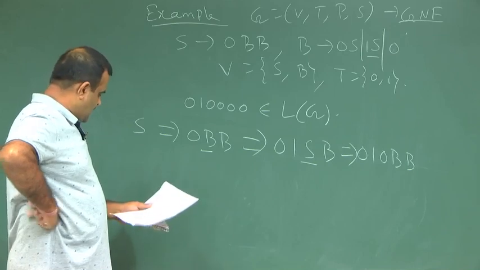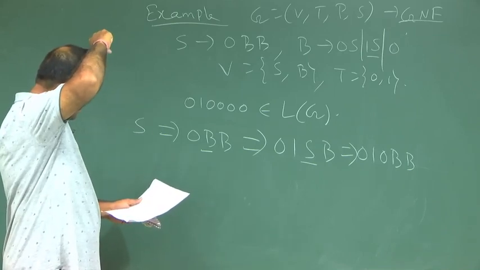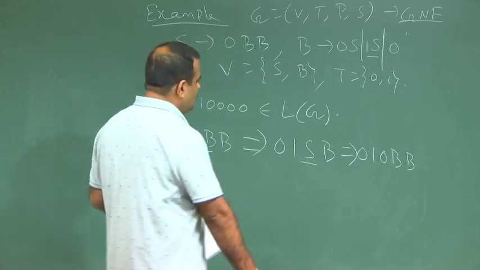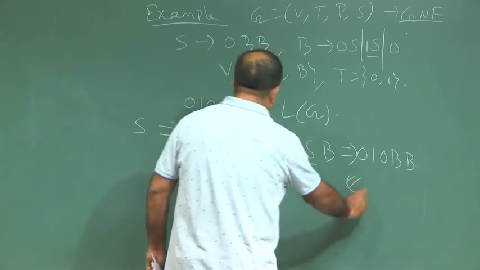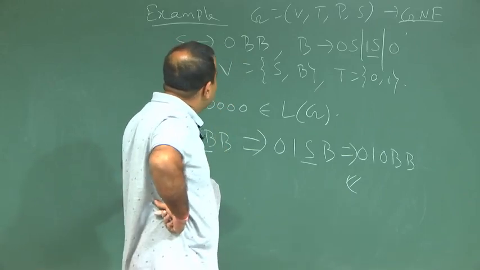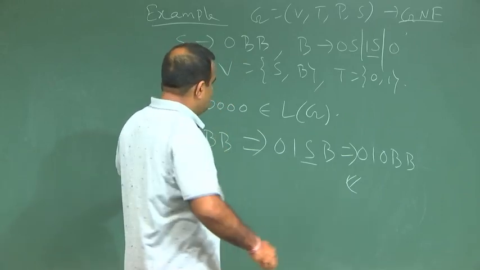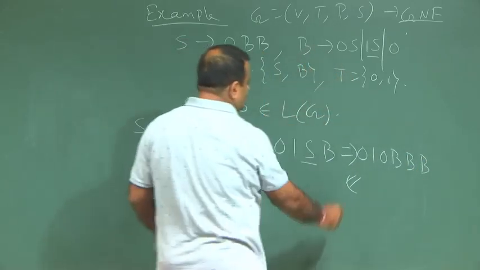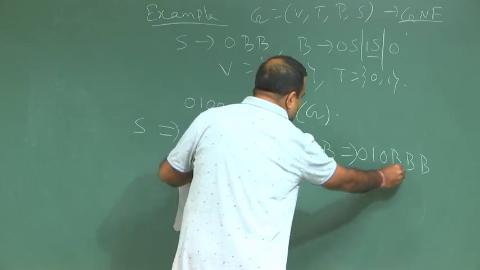Now, after this we can have 0 1 0 B B, and we have a B over here, sorry. So, now we can take all the B's to be zeros. We can take first this B to be 0.